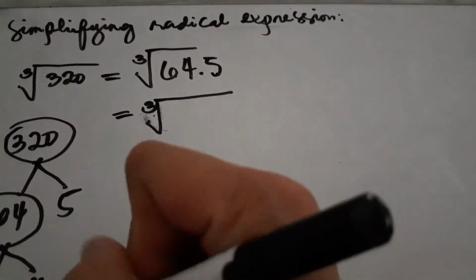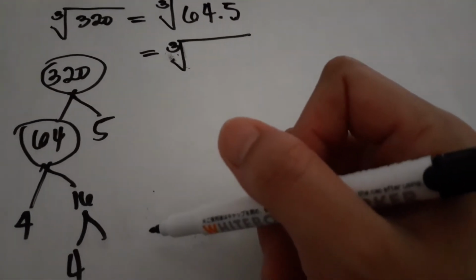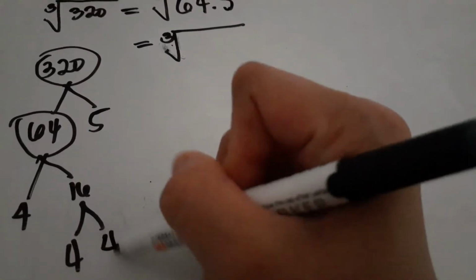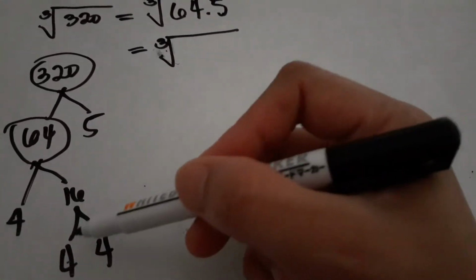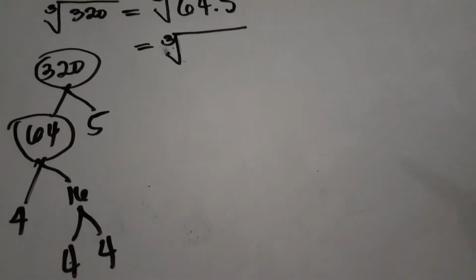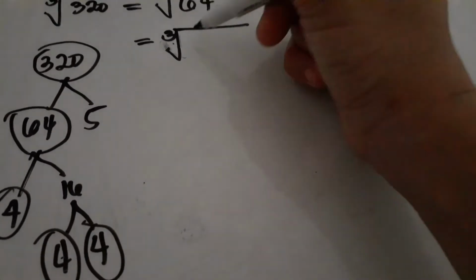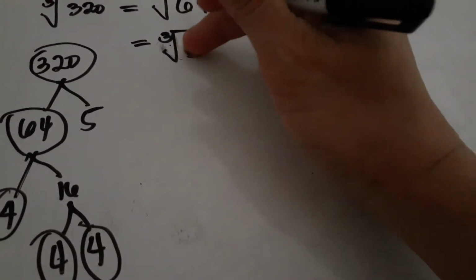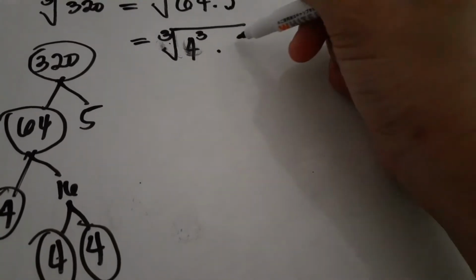By using the prime factors, we can use the index 3. So 4 cubed is equal to 64.